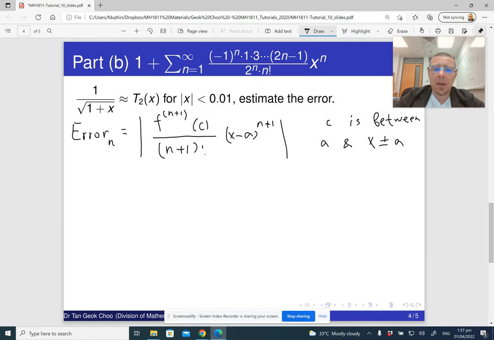So in our case, a is just 0, right? So our error is the absolute value of what? We need to take the derivative of our function of order 3, right? Since n is 2, and in the error estimation we have n plus 1, it's going to be order 3.